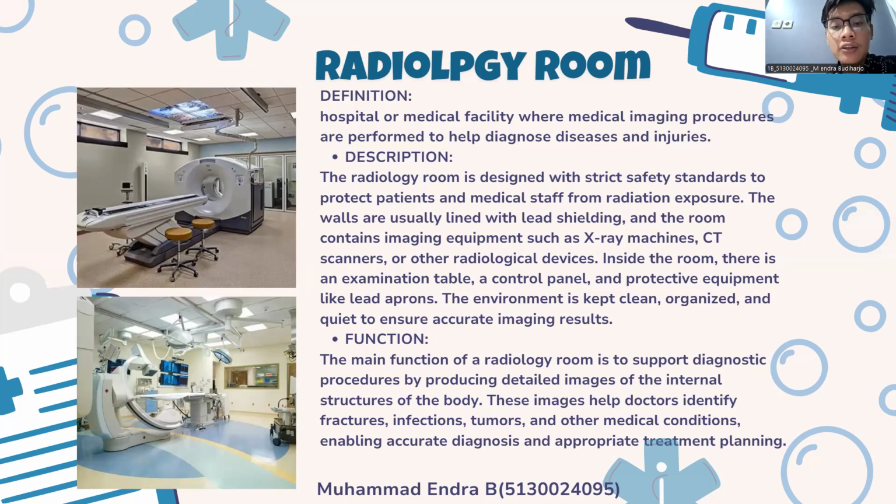The walls are usually lined with lead shielding, and the room contains imaging equipment such as an X-ray machine, CT scanner, or other radiology devices. Inside the room, there is an examination table, a control panel, and protective equipment like lead aprons. The environment is kept clean, organized, and quiet to ensure accurate imaging results.